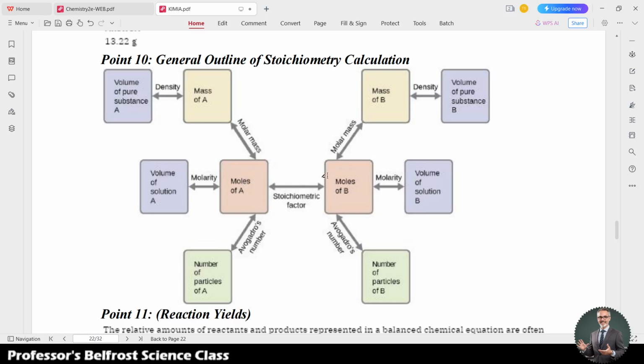Moles of one to moles of another is connected with the stoichiometric factor. Moles per volume is connected with molarity, mass and moles by molar mass, and volume and mass by density. I think it's enough for this one. I will not make it very long.